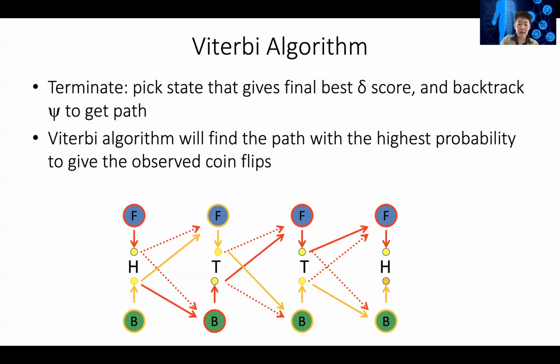In most locations, you might see that the Viterbi algorithm and the forward-backward algorithm give you very similar predictions, but occasionally there could be slight differences. For example, the forward-backward algorithm maximizes the number of states correctly predicted at every position, whereas Viterbi gives you the path with the highest probability.